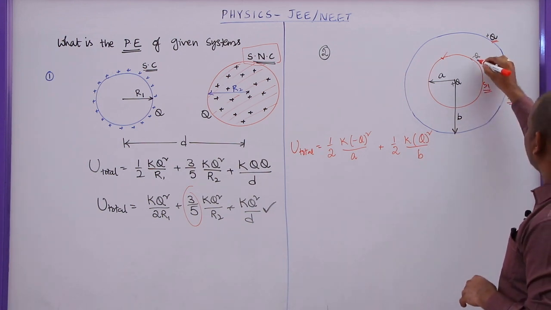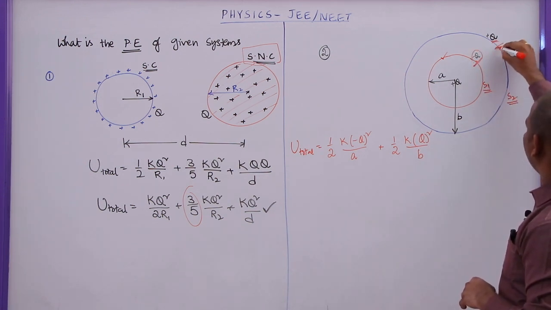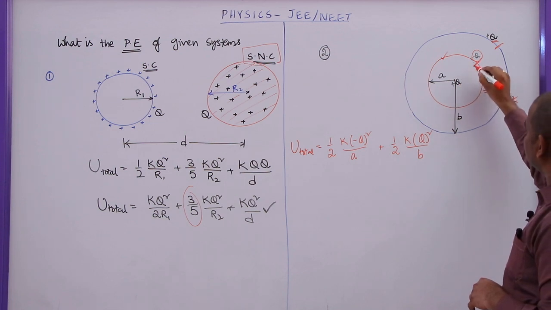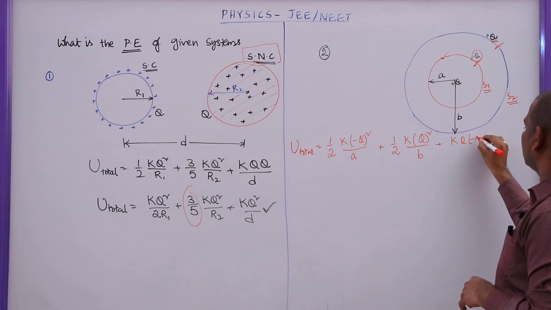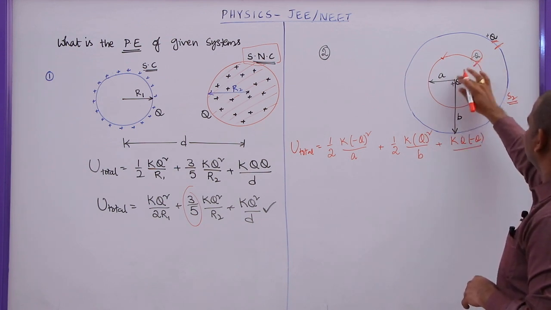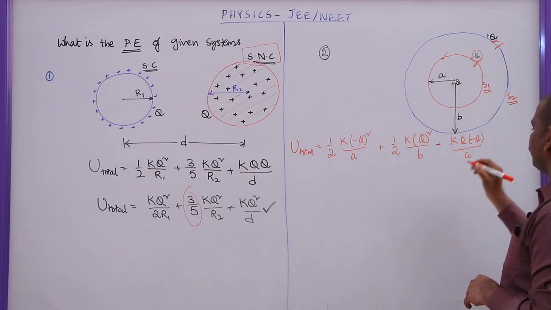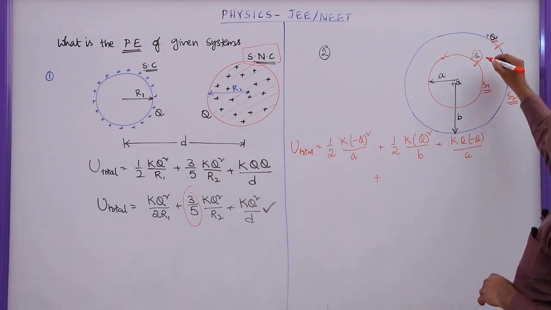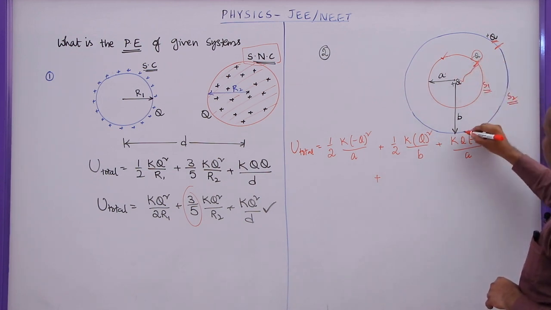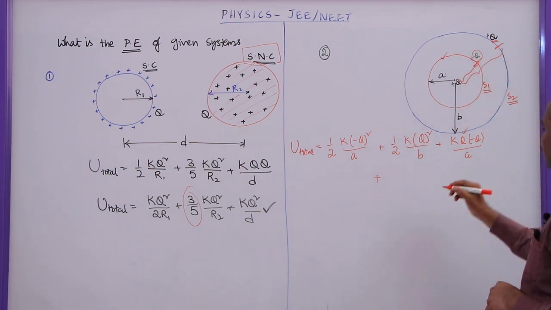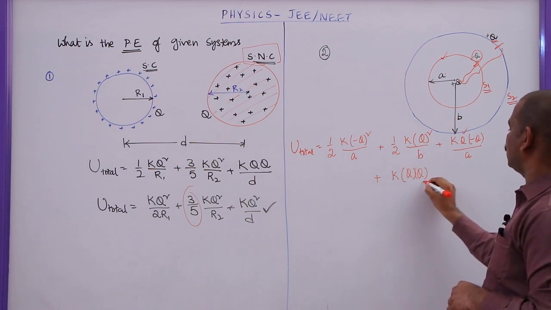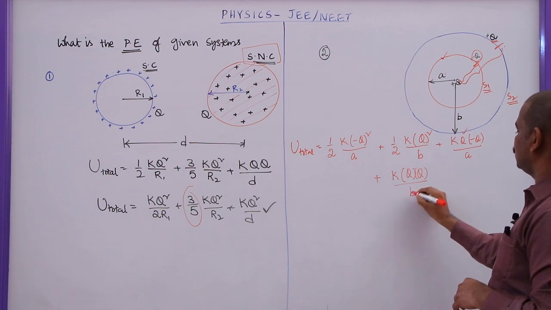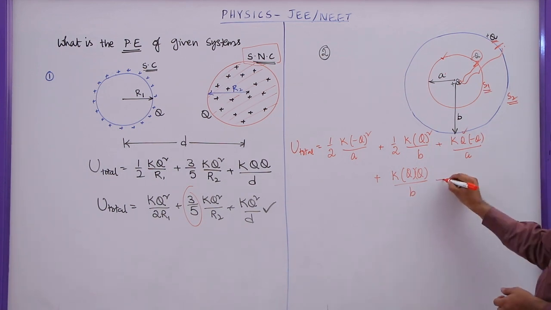Now not only these two, I found this as well as this. What is the potential energy between these two? Let me write kQq by the distance between these two charges, a. Plus, what is the potential energy between these two? This is given by kQ by the distance between these two, which is b.